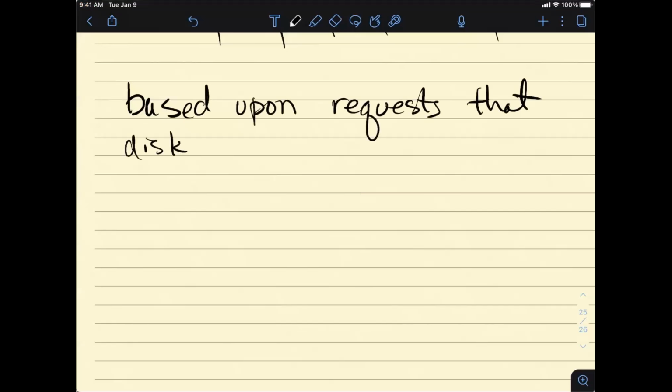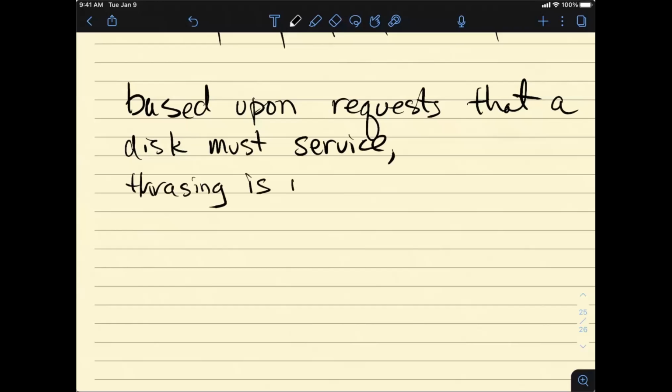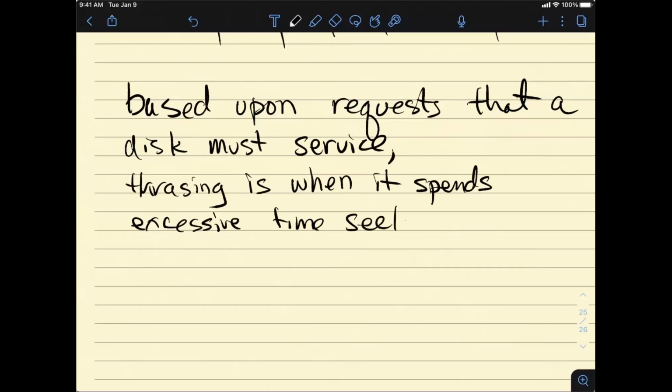So based upon the requests that a disk must service, thrashing is when it spends excessive or problematic time seeking at the expense of reading and writing.